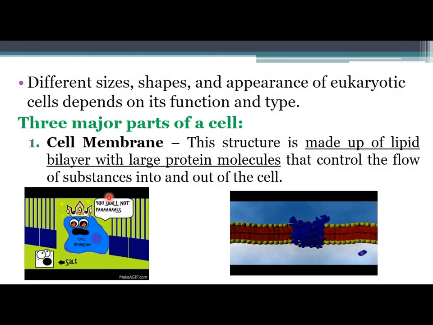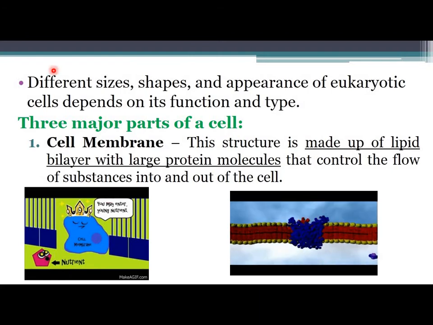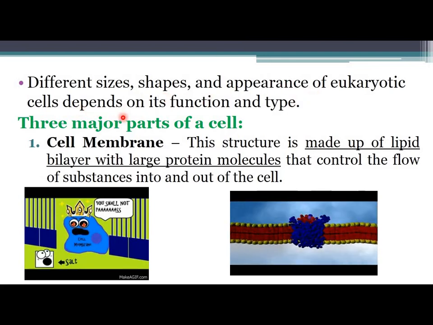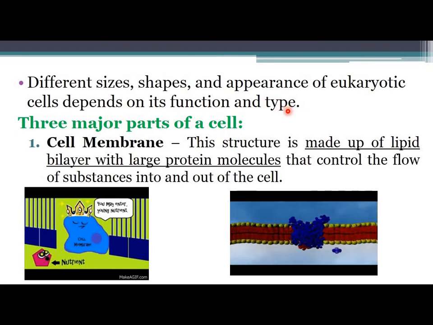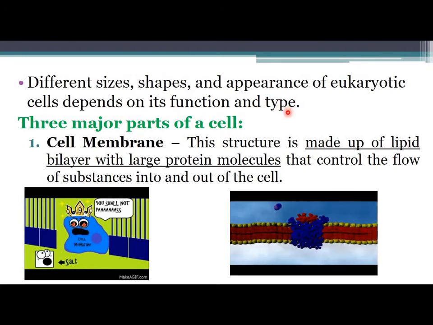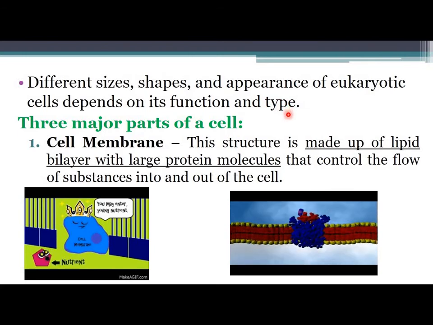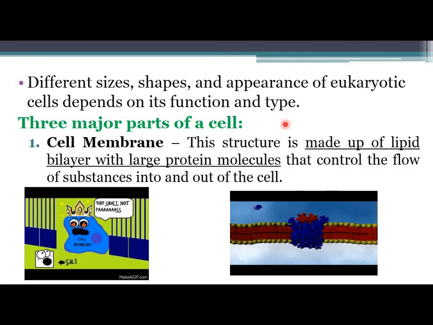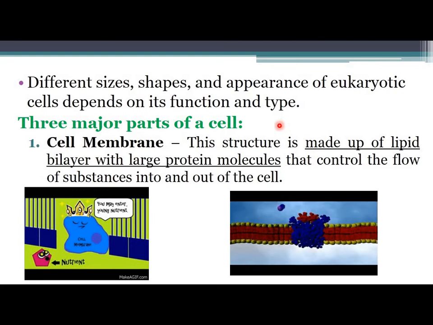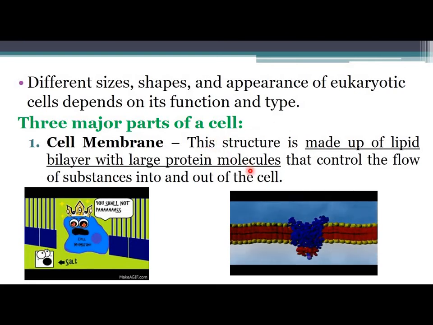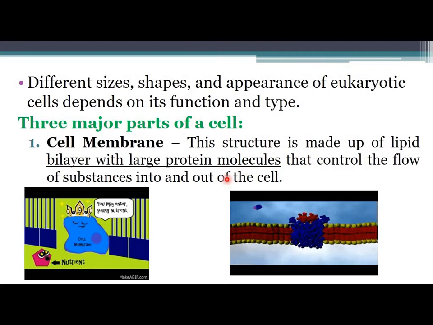So, eukaryotic cells have different sizes, shapes, and appearance, depending on their function and type. Animal and plant cells, being both eukaryotic, have similar organelles present. However, there are some organelles that are only present in animal cells but absent in plant cells, or vice versa.